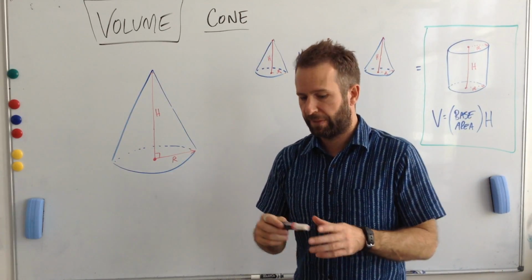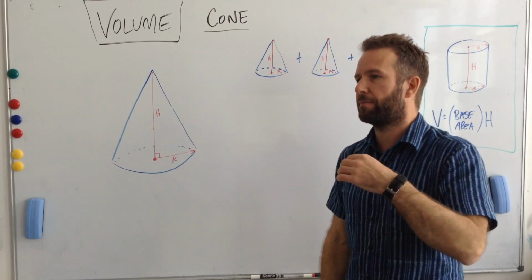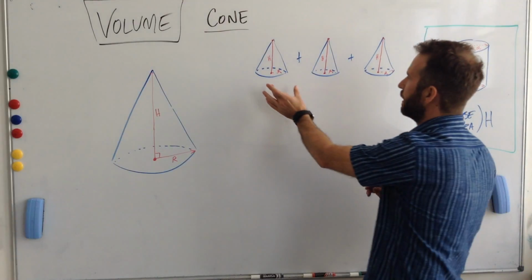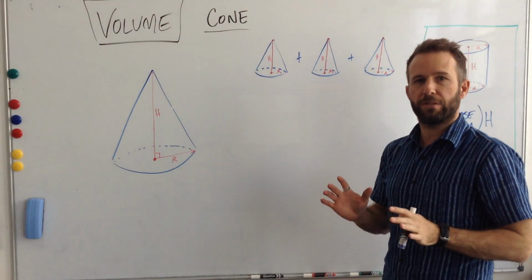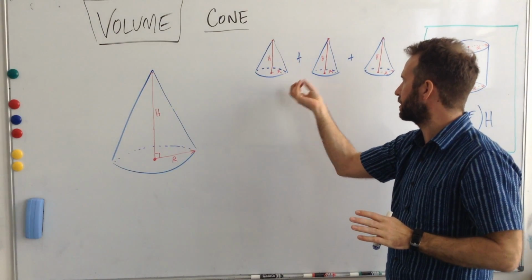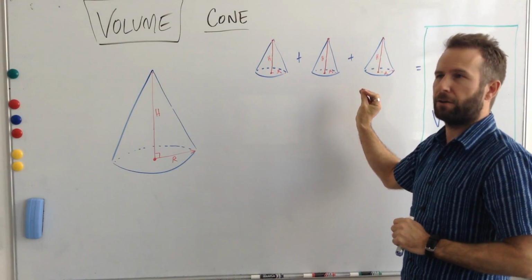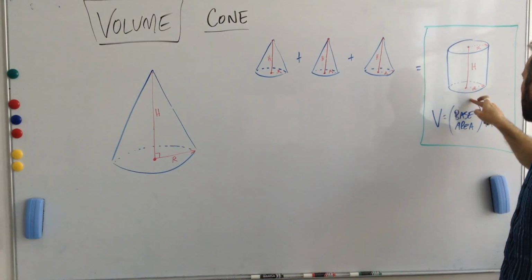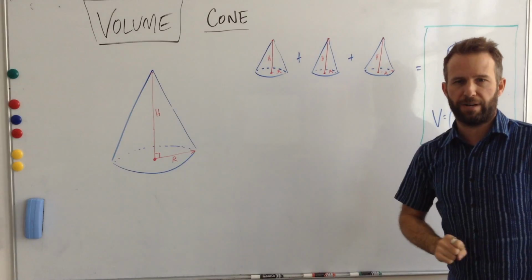The formula comes from a similar place as the square pyramid, where if you take three equal cones and take their volumes, so take the volume of this cone, add it to the volume of that cone, and add it to the volume of that cone, that's going to be equal to one cylinder that has an equal base area.